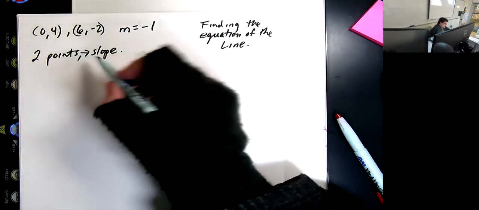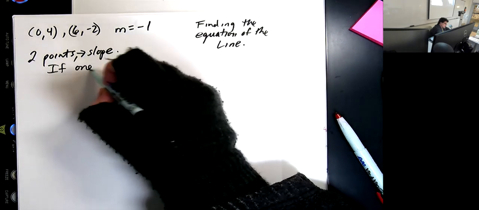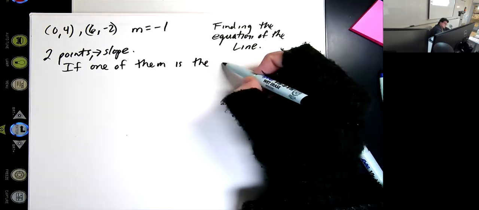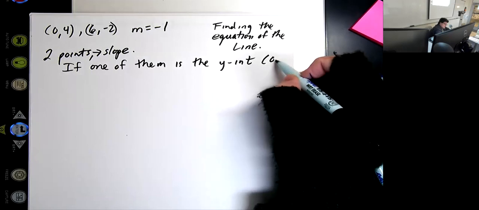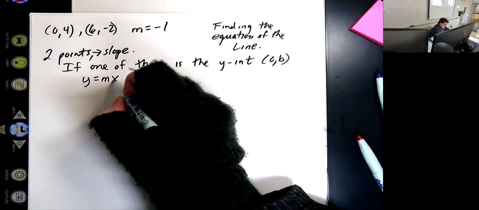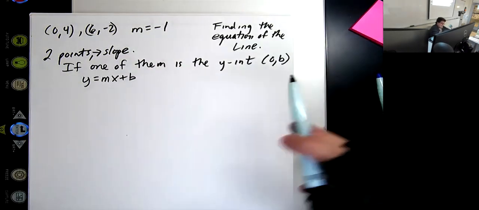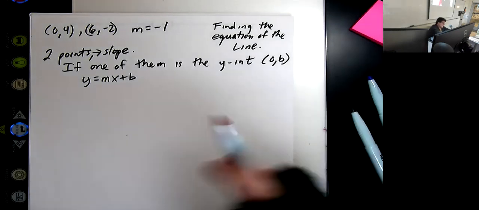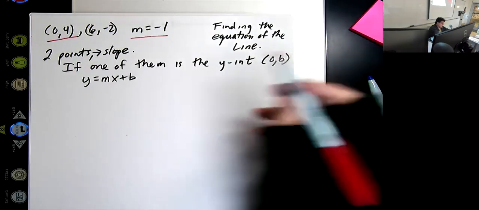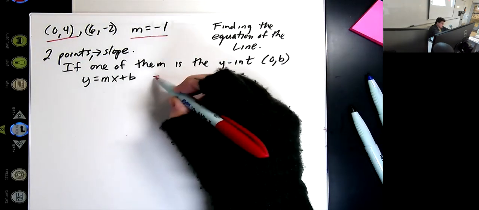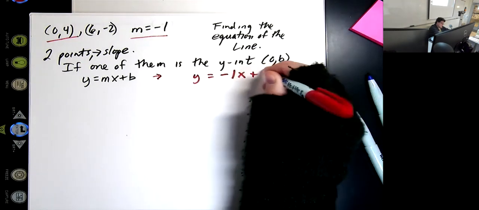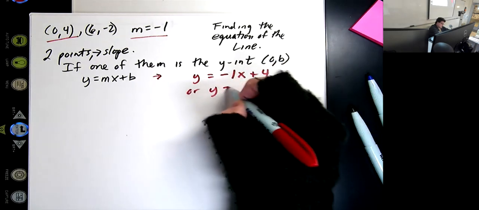If one of them is the y-intercept, like 0, b, you can jump straight to y equals mx plus b. Like I can do here. I have a slope of -1. I have a y-intercept of 4. 0, 4. So this becomes y equals -1x plus 4, or just y equals -x plus 4.